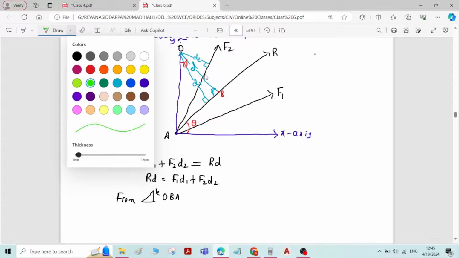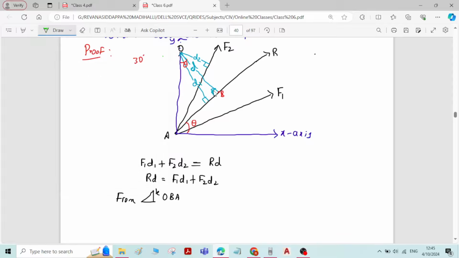Triangle OBA is a right angle triangle. In that, angle AOB is 30 degrees and at point B the angle is 90 degrees. So the remaining angle will be 60, since the total of the triangle's angles is 180, and 180 minus 30 minus 90 gives 60.